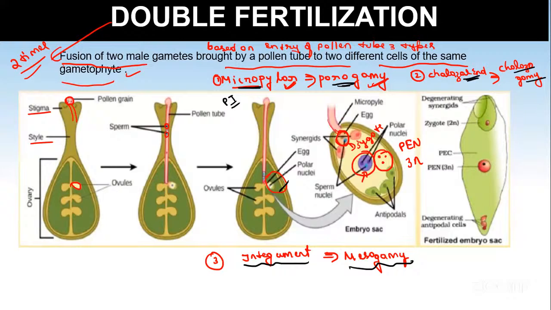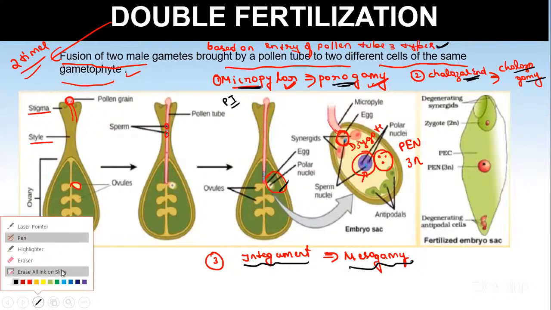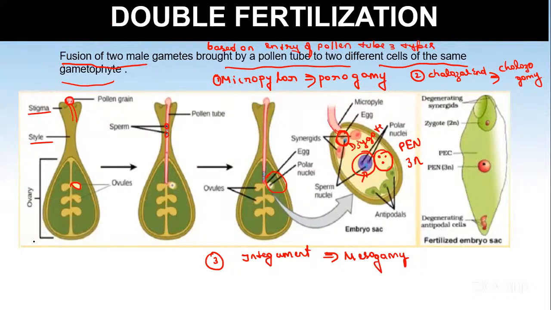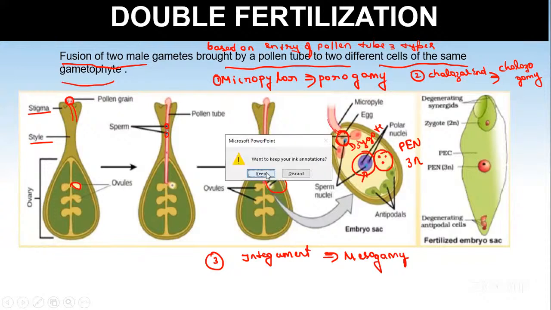Kindly make a note: micropylar end means porogamy, chalazal end means chalazogamy, and through the integument means mesogamy. It is based on the entry of the pollen tube.